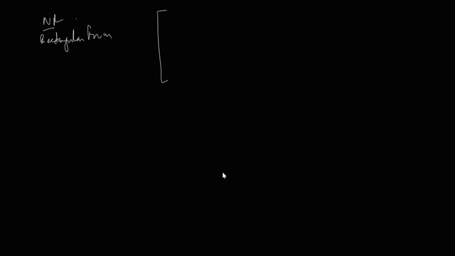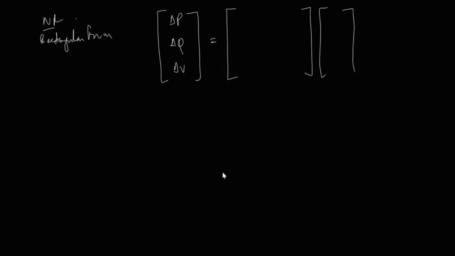Now I will write the form. What is that form? Newton-Raphson rectangular form, that is delta P, delta Q and delta V, which is equals to our system variables.